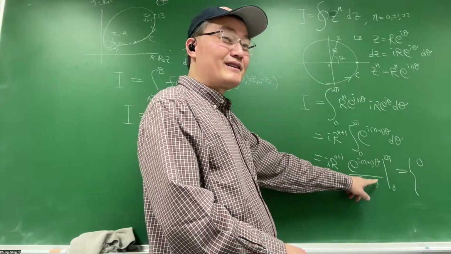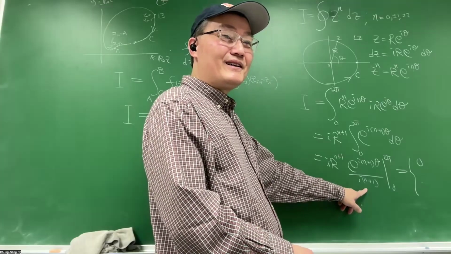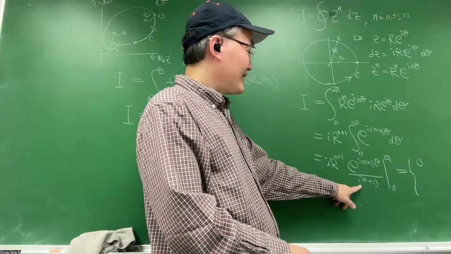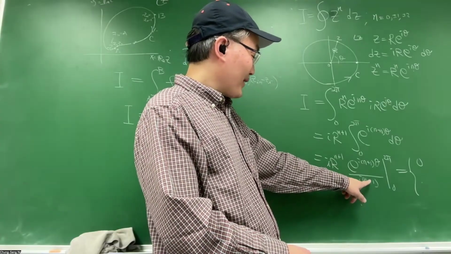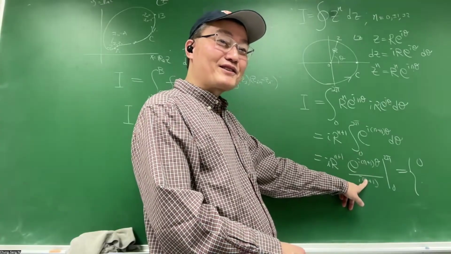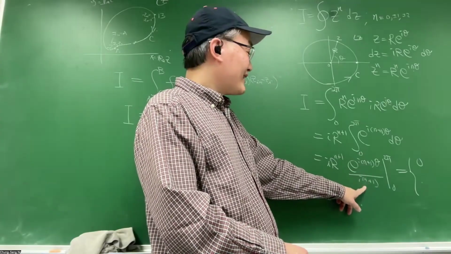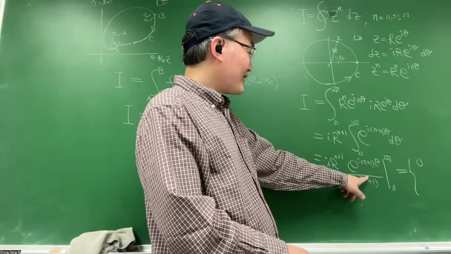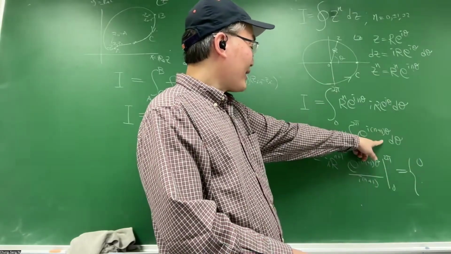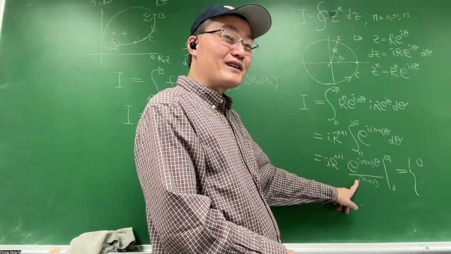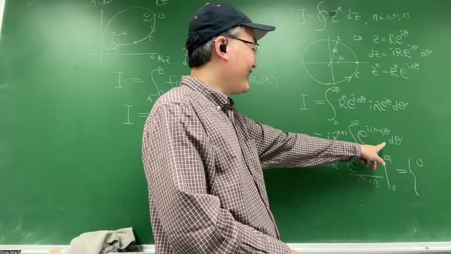What is that? Yeah, n is minus 1, this is 0. It's divided by 0. Not possible. You were tricked by your previous answer. When n is minus 1, you don't use this formula, right?